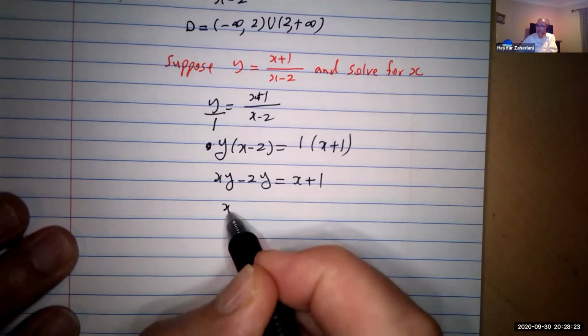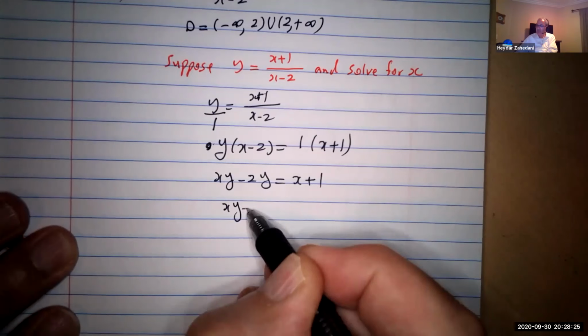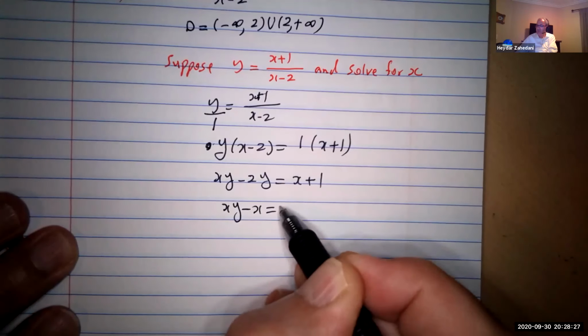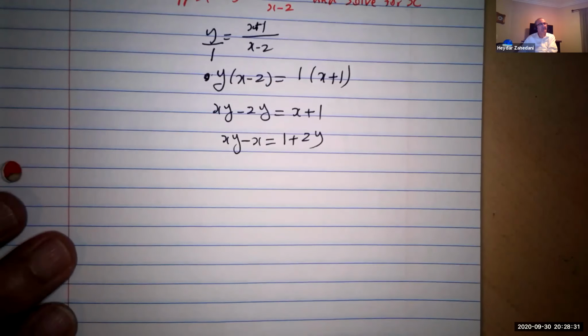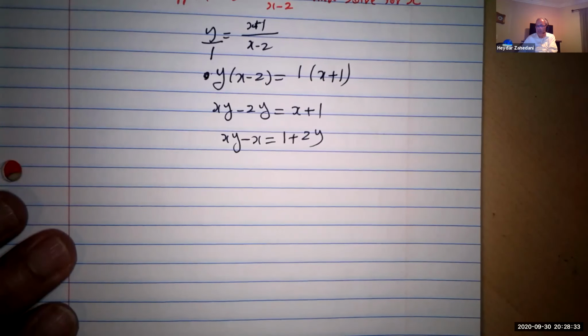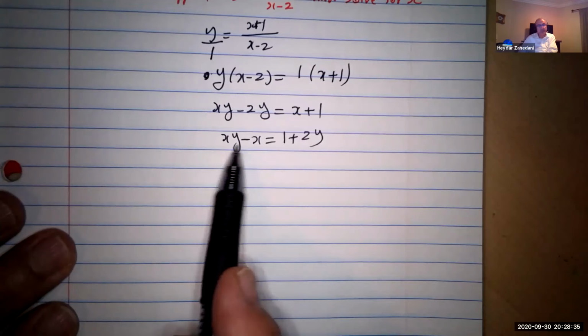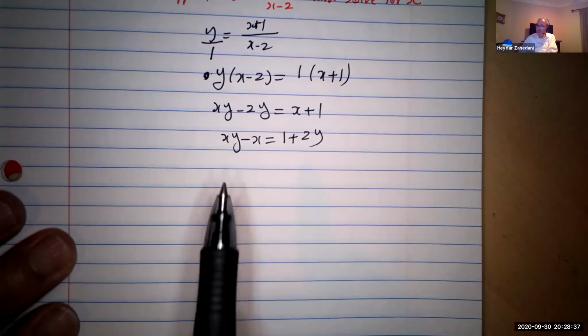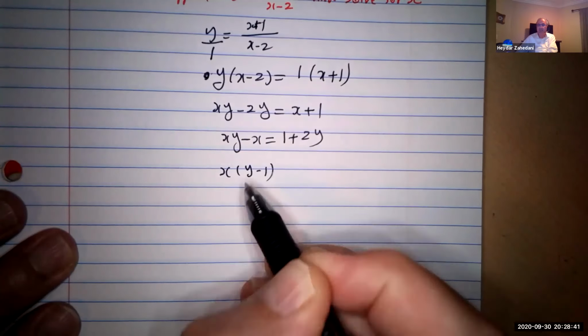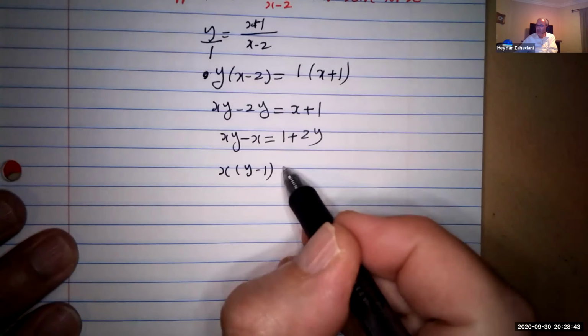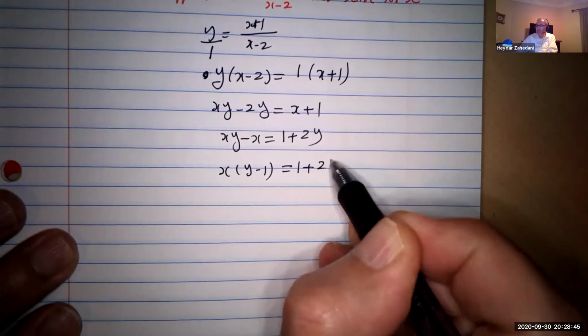So I have x times y, subtract x, equal to 1 plus 2y. Continue, solve for x. You cannot combine these together, so we have to factor out the x, times y minus 1 equal to 1 plus 2y.